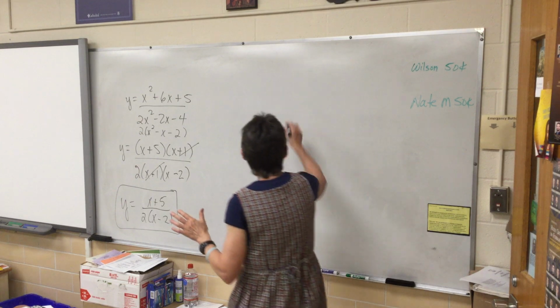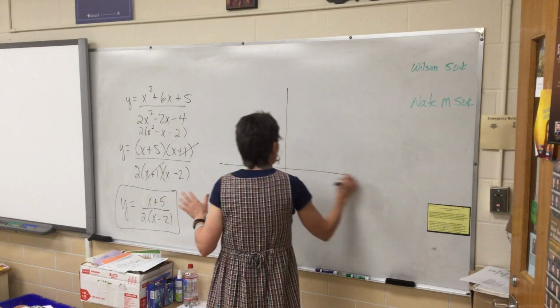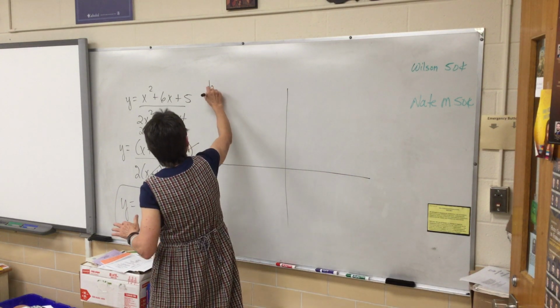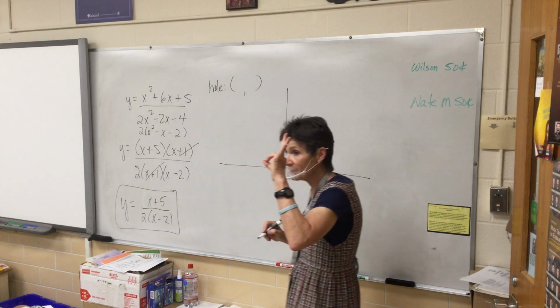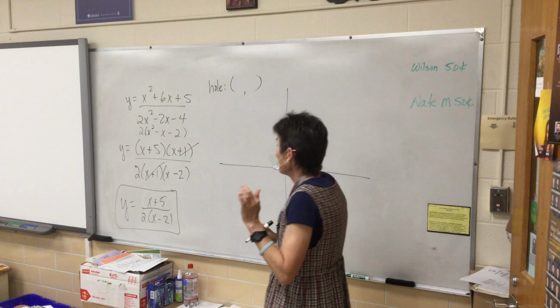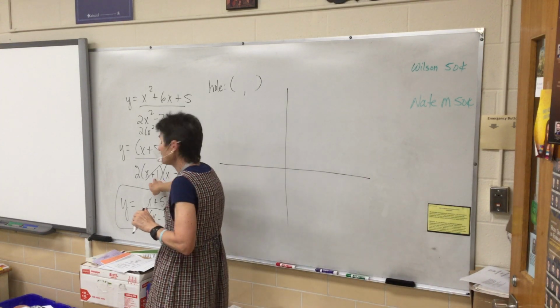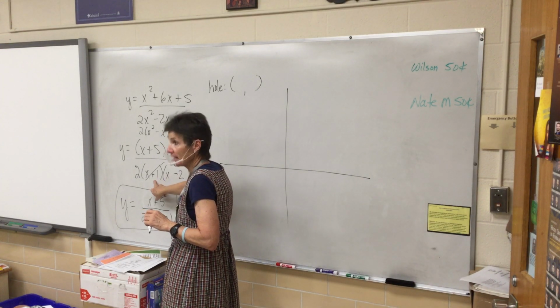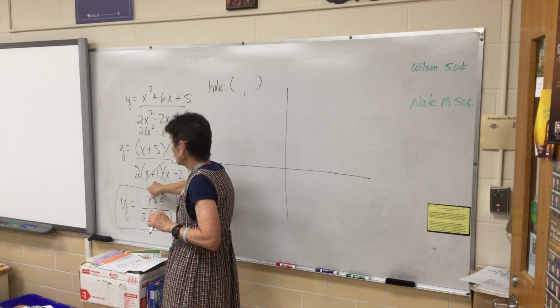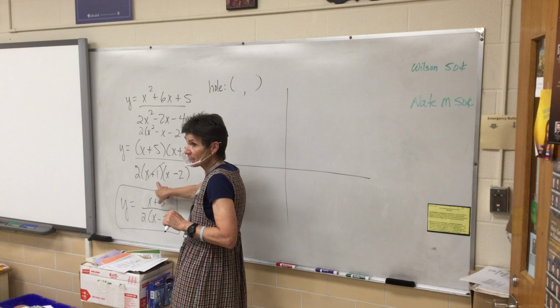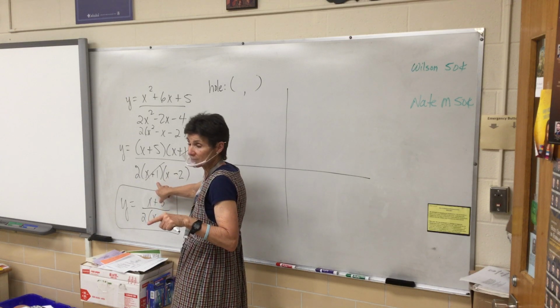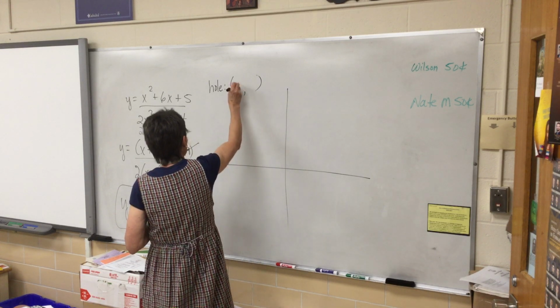Now, before I get too far into it, though, I do have a hole, as you indicated. And that hole is going to be an open dot in the picture, and it is going to have an x-coordinate of -1. If this hadn't canceled, wouldn't your asymptote be at -1? That's where your hole is going to be. So it's going to be at where x is -1.